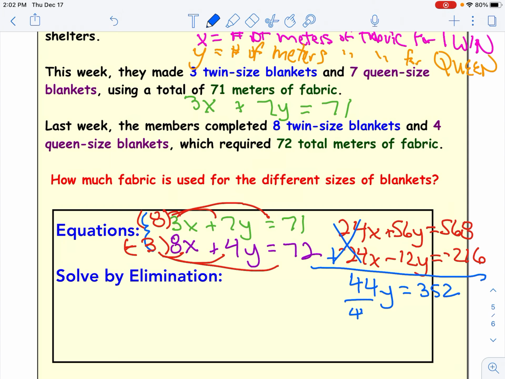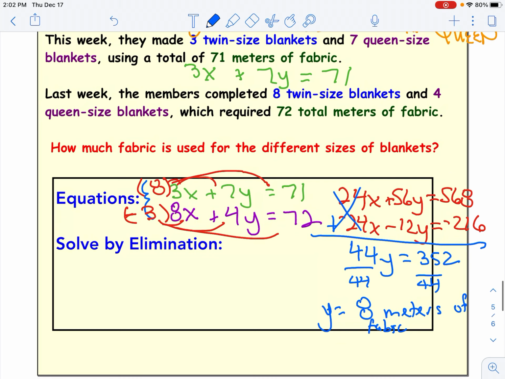Now I just divide each side by 44, and I get y is equal to 8. So 8 meters of fabric is used for each queen size blanket.